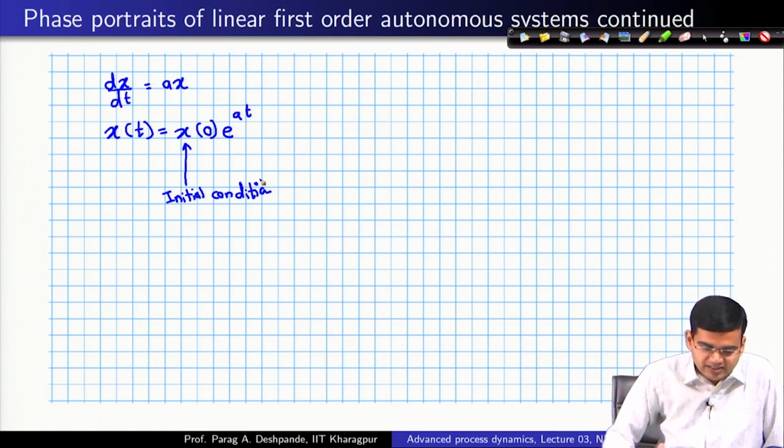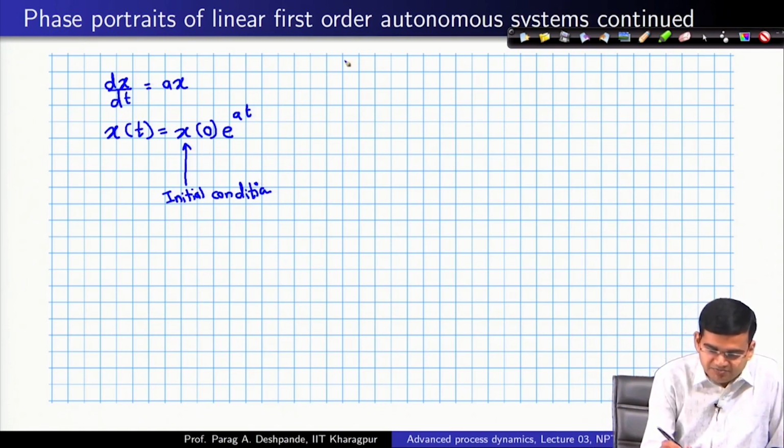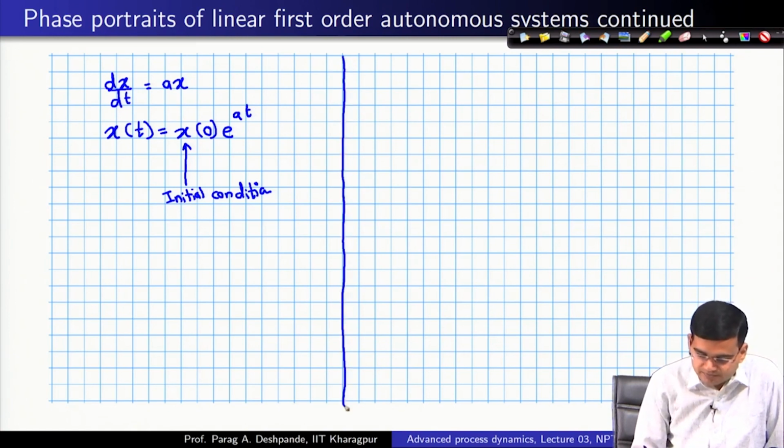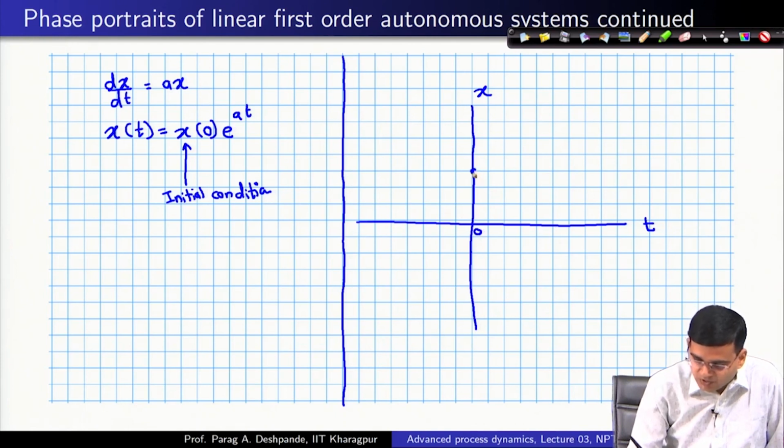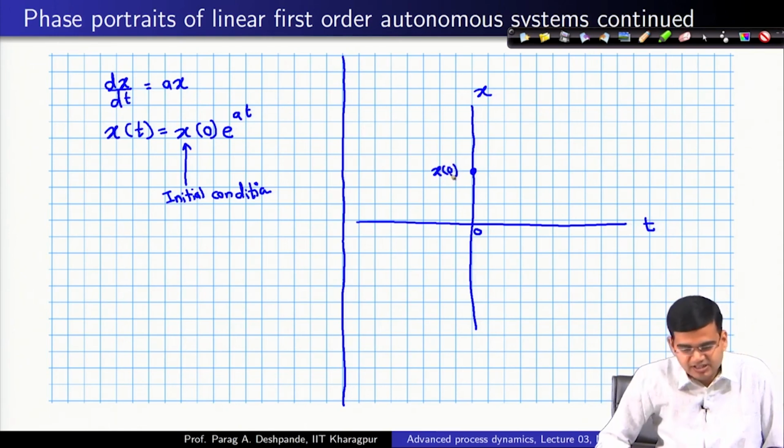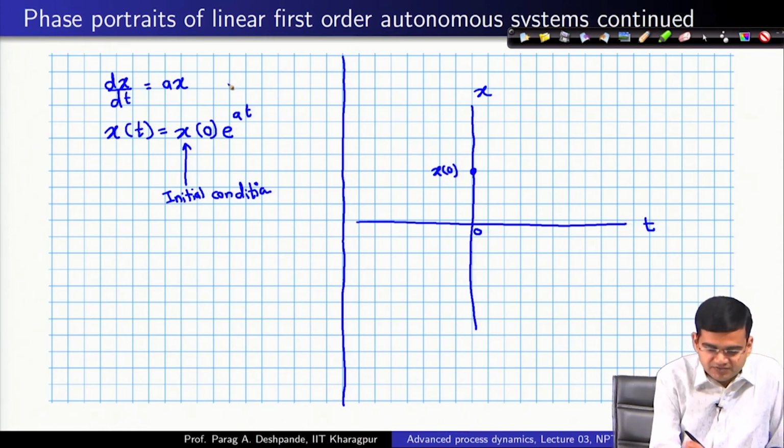So, given an initial condition, which means that if I know, this is t and this is x, at time t is equal to 0, if I know the value of my variable, this is x 0, then what is the information that I get from this equation, from equation 1?